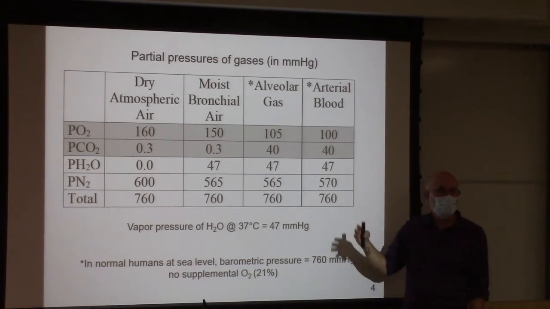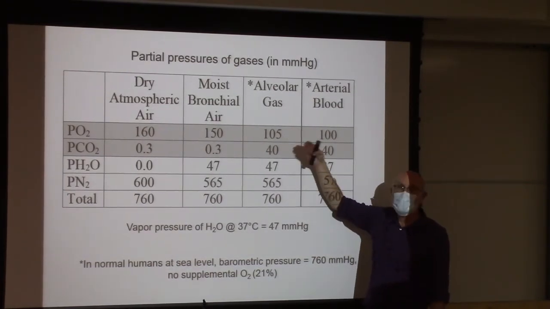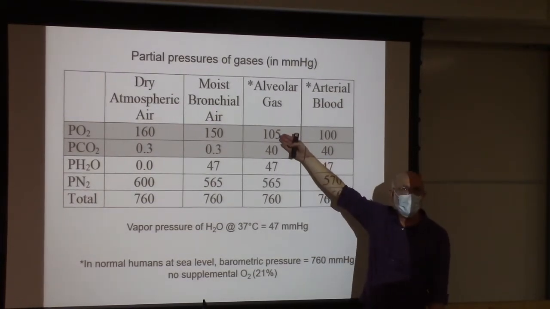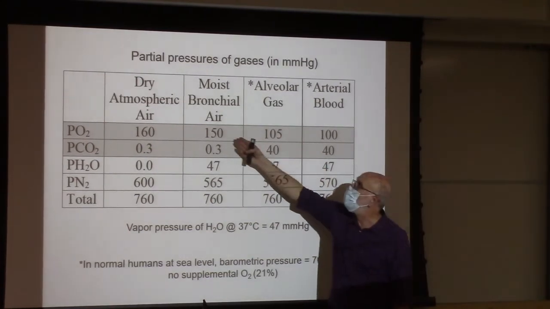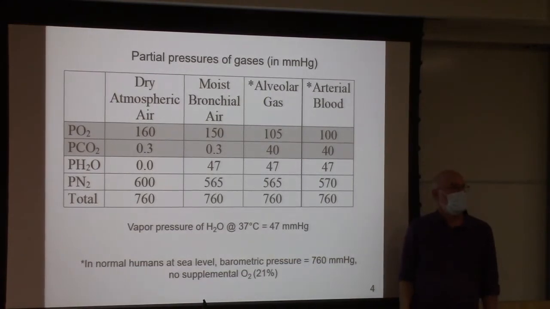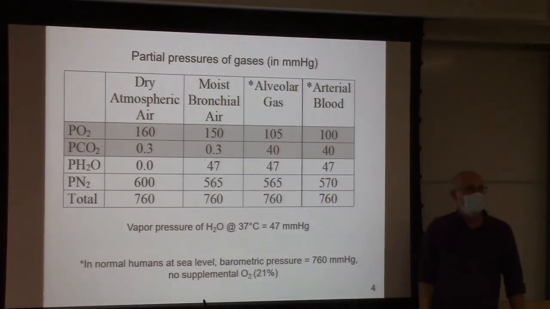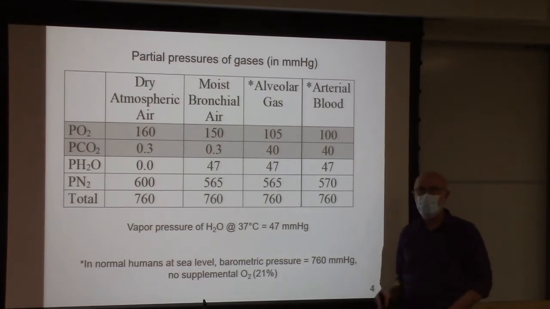So the partial pressure of oxygen in alveolar gas is 105 millimeters of mercury. So where did the oxygen go? Went into the blood. And where did this carbon dioxide come from? Came from the blood. Okay, so that's the point.